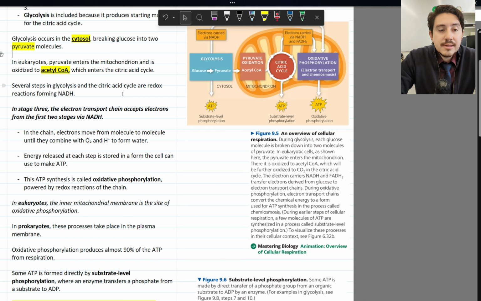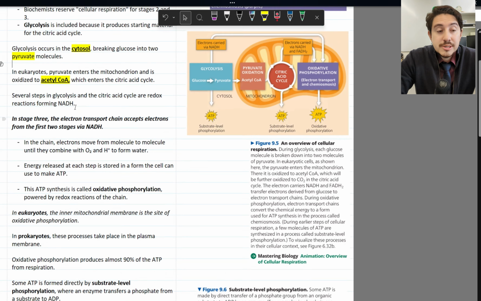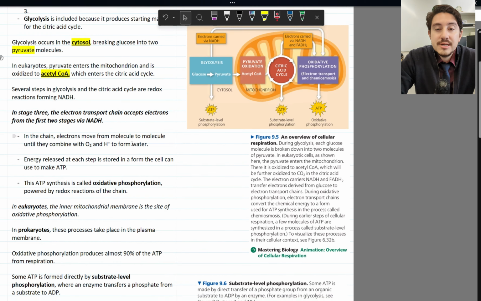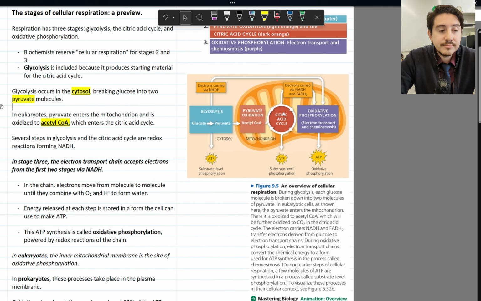There's several steps in glycolysis and in the citric acid cycle, ultimately producing NADH. Some steps do produce ATP also, but we will see the majority of ATP production in oxidative phosphorylation.